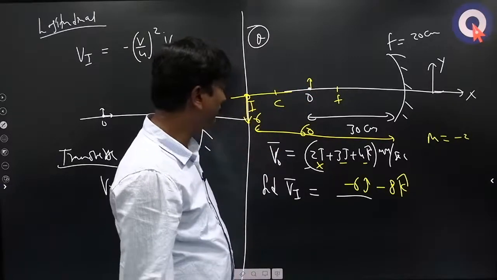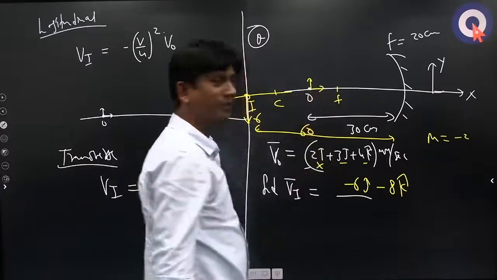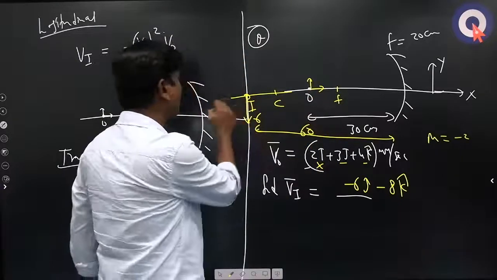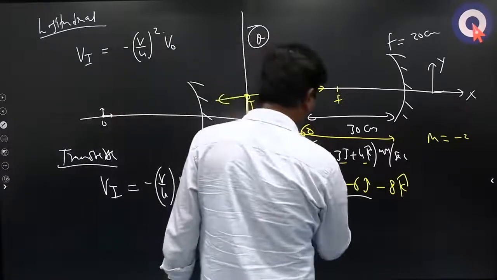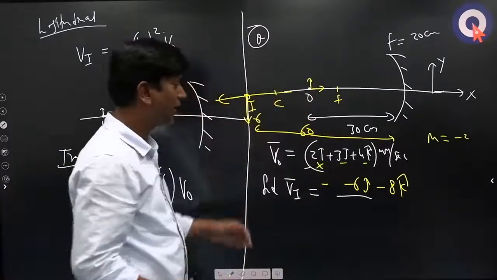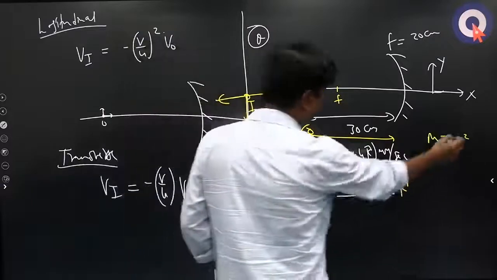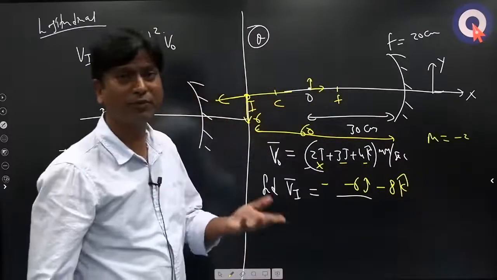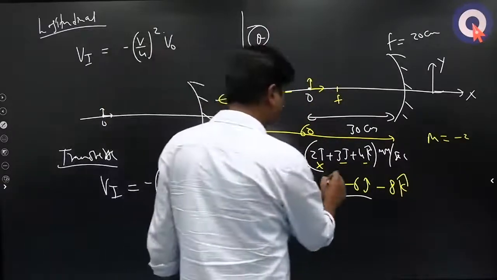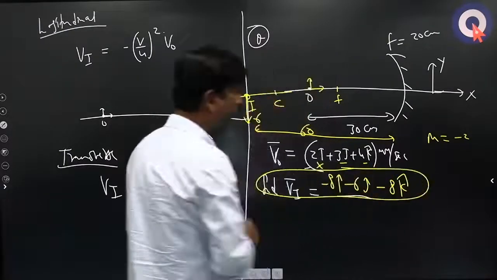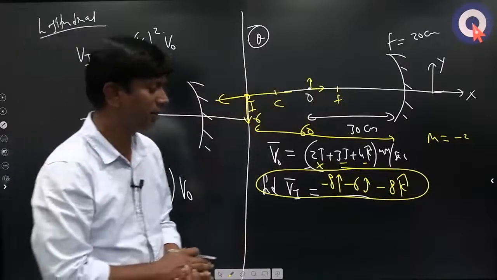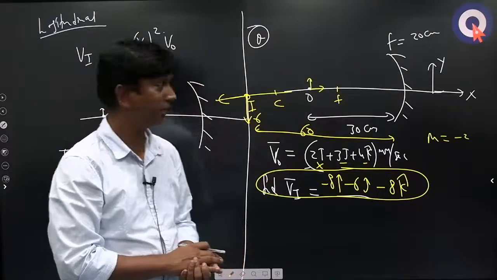And when the object is moving along the axis towards the focus, the image moves away. That is why here also you get minus and m square. m is already 2, square means 4, 4 into 2 is 8. This will be the velocity of the image: minus 8i cap, minus 6j cap, minus 8k cap.